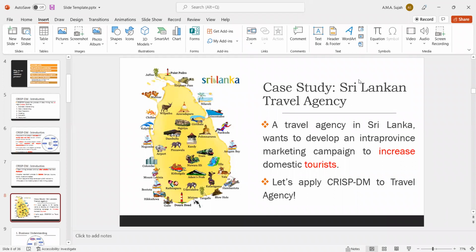Am I correct? Before the corona pandemic and the current situation of the country, one of the important sources of foreign exchange in our country was tourism. Am I correct?